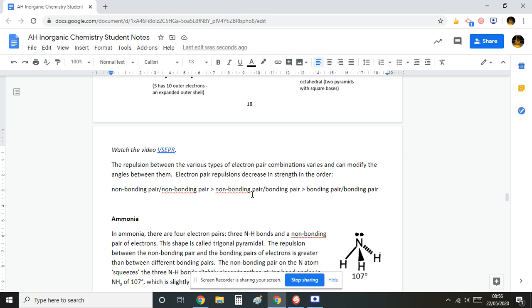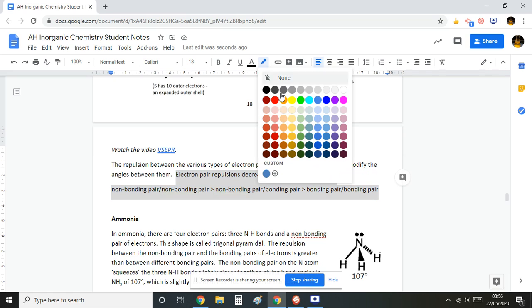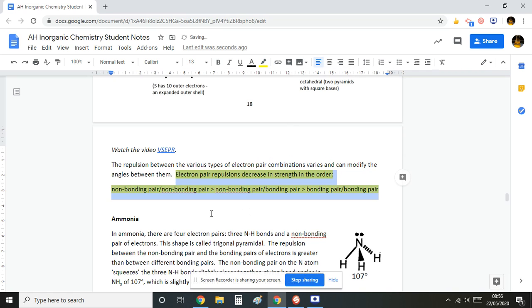If you have a non-bonding pair adjacent to a bonding pair, you will get some degree of repulsion. And if you have bonding pairs adjacent to each other, you will get the minimum type of repulsion. So you need to know the order of repulsion. I'm going to show you some examples that explain this as well.